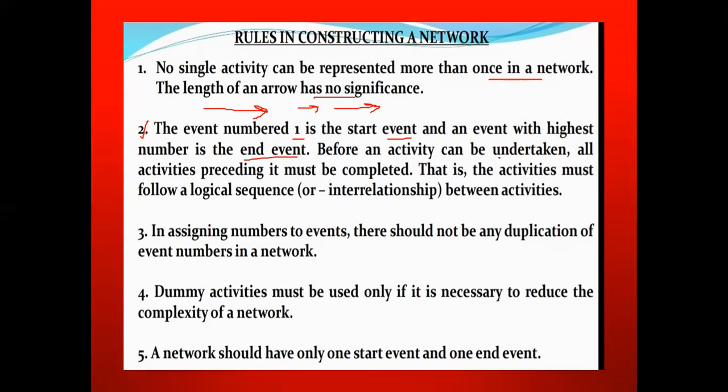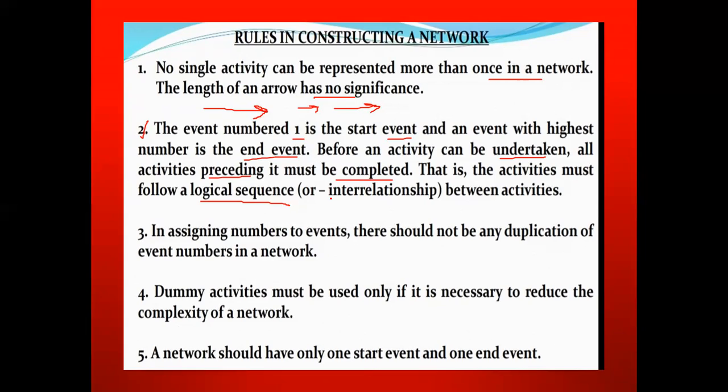Before an activity can be undertaken, all the activities preceding must be completed. That is, the activities must follow the logical sequence. So initially I said, while developing the network, it should be a logical sequence, right?